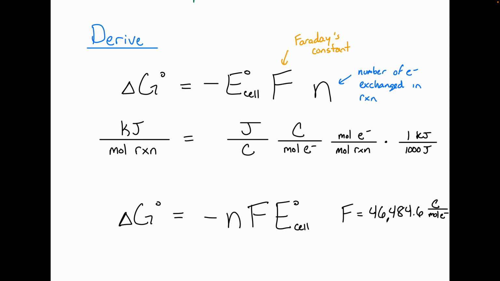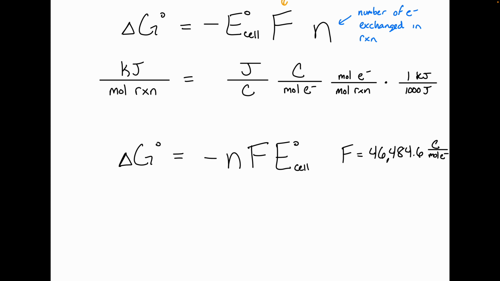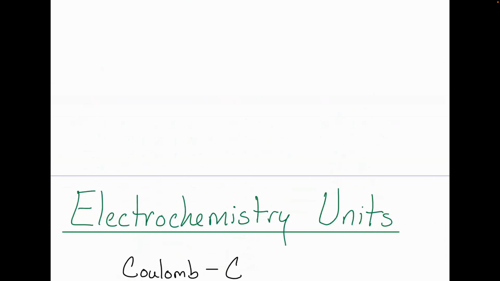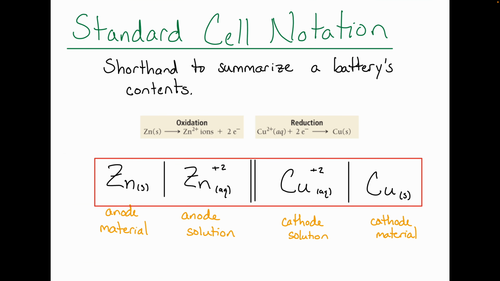Okay, so for our reaction, let's go ahead and calculate our delta G naught. But what is the number going to be for N in our reaction? Let's take a careful look at our half reactions. How many electrons are being exchanged in our particular reaction? 2 of them.